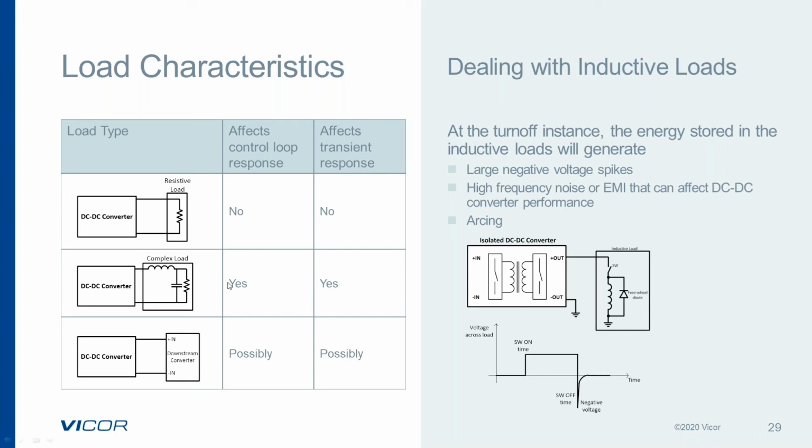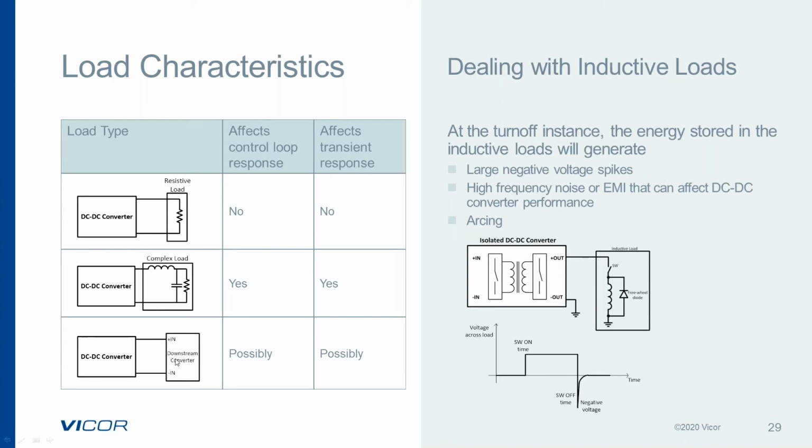But a more complex load, such as an inductor, capacitor and resistor, can have an effect on our control loop response. Especially if you're sensing right at the point of load, this inductor and capacitor is within my control loop now. Now I have to take into account transient response, stability response, and other considerations that may affect the regulation at the point of load.